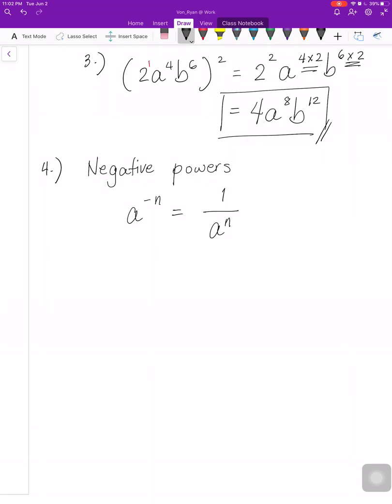So if you have a raised to negative 4, that is the same as 1 over a raised to 4. Or vice versa, you have the converse of that. If you have 1 over a raised to 5, that is the same as a raised to negative 5. So the reverse works as well.